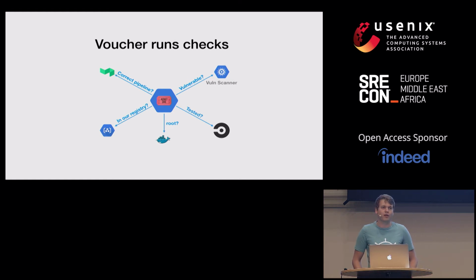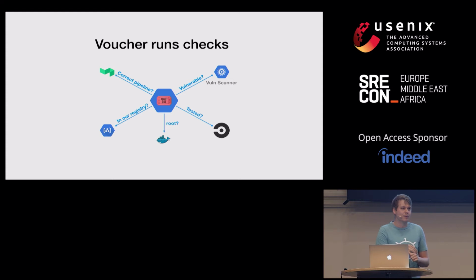For example, we check whether the image is in our registry, and we can pull it. And then we create one signature. Then we check whether it's in the correct deploy pipeline and create a signature. We run Clair, a vulnerability scanner by CoreOS, and see whether the image is vulnerable. If not, then we sign the image again.